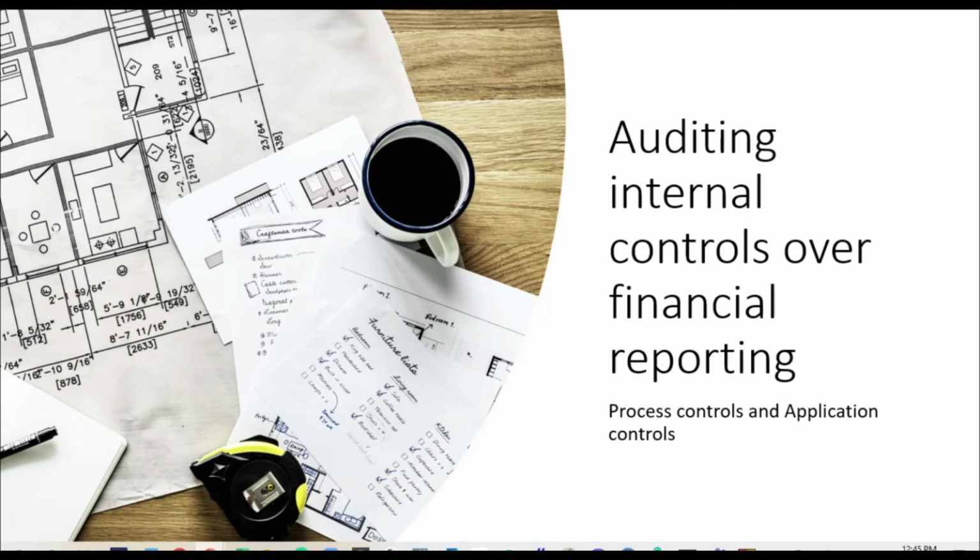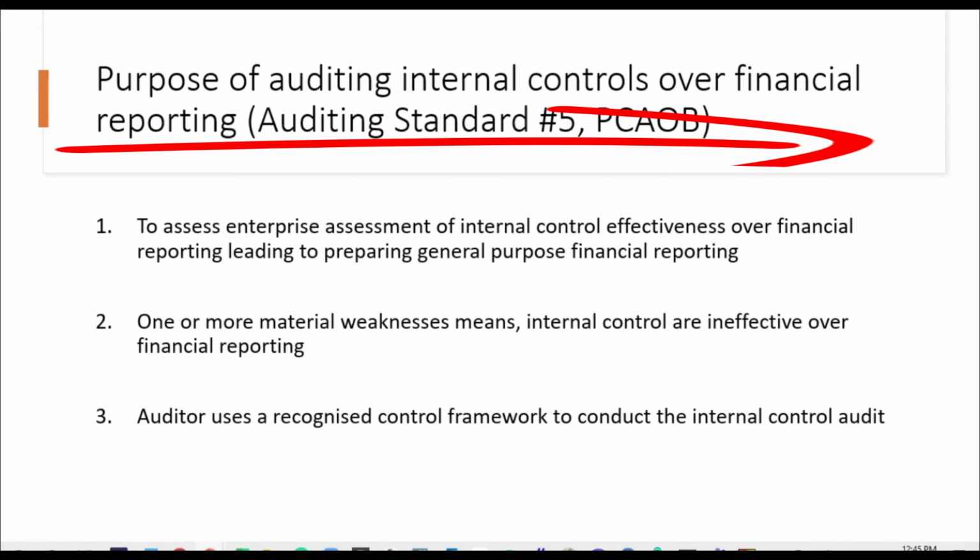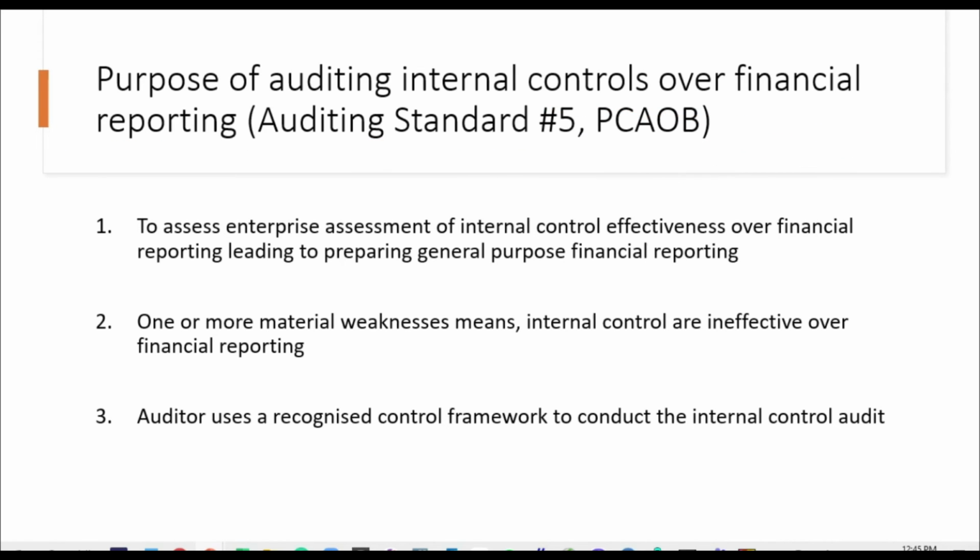Auditing internal controls over financial reporting: process controls and application controls. The purpose of auditing internal controls over financial reporting is discussed in Auditing Standard number 5 of the PCAOB.